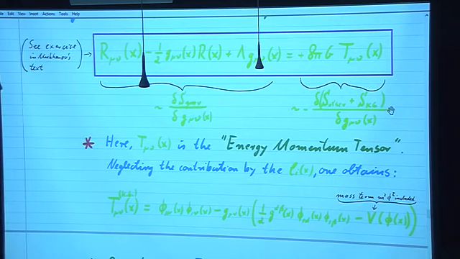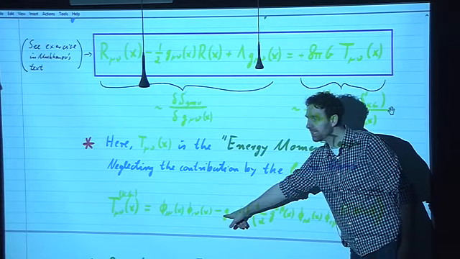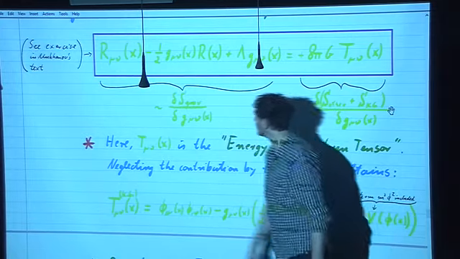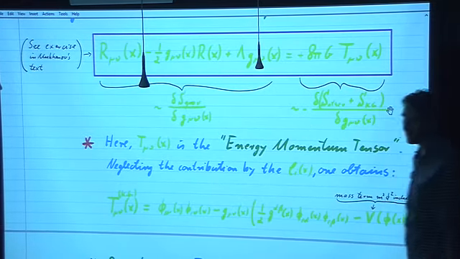You see why that is? It's because the V multiplies the g, right? So the V multiplies the g, and therefore contributes to the energy momentum tensor the same way that the lambda multiplies the g.